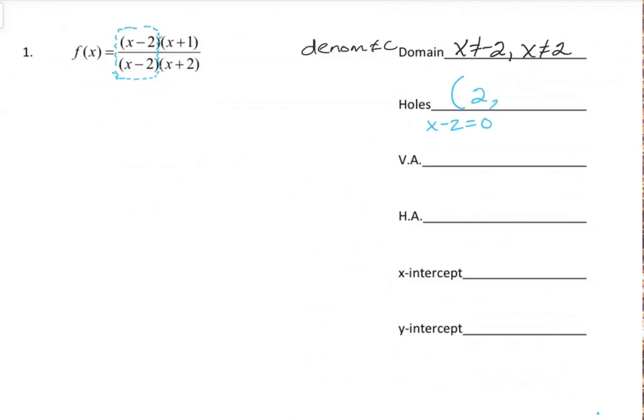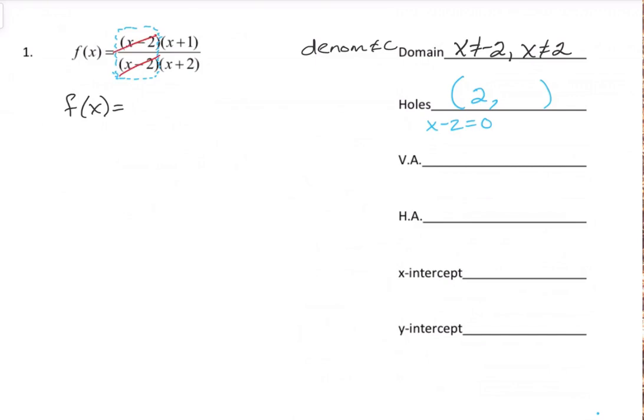So we're going to use the simplified version of the function to find the y value of that hole and everything else in my list. So I'm going to rewrite this function after dividing out that x minus 2.